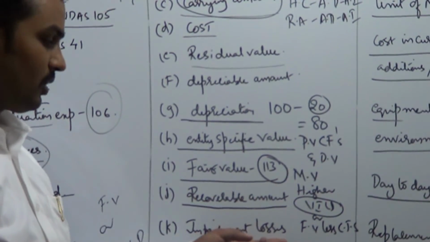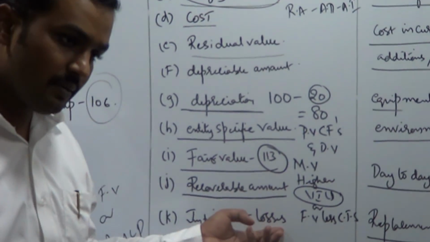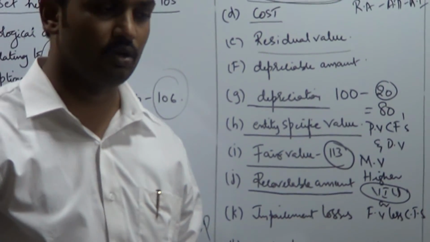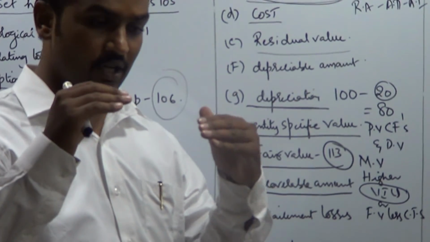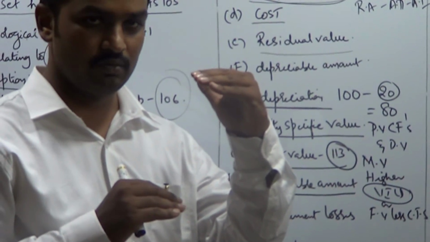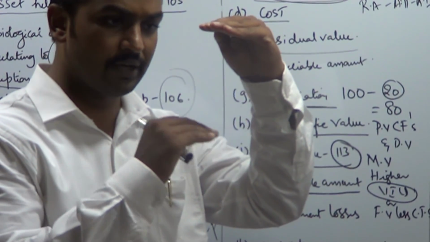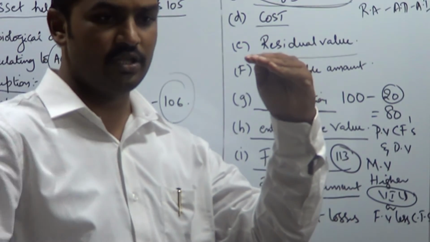Then we come to impairment losses. Even though the standard does not give prescriptions for accounting for impairment loss, we'll still understand what impairment loss is. When the recoverable amount of the asset is lower than the carrying amount, that is, the book value is higher than the recoverable amount. Recoverable amount is the amount I may get either by selling the asset or by using the asset.